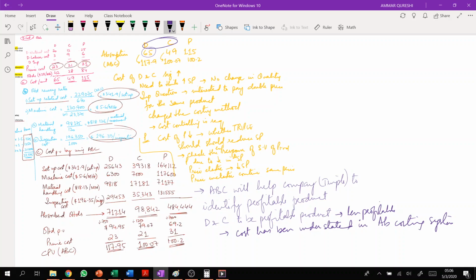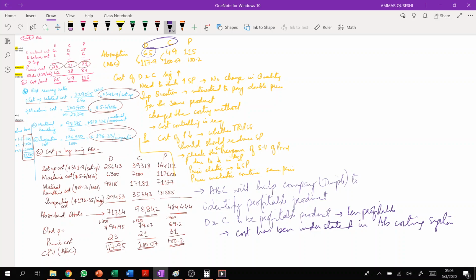And what about P? We were thinking that the cost of product P is around $115, but actually its cost is just $100. Its more appropriate cost is $100. So that means product P is actually more profitable.